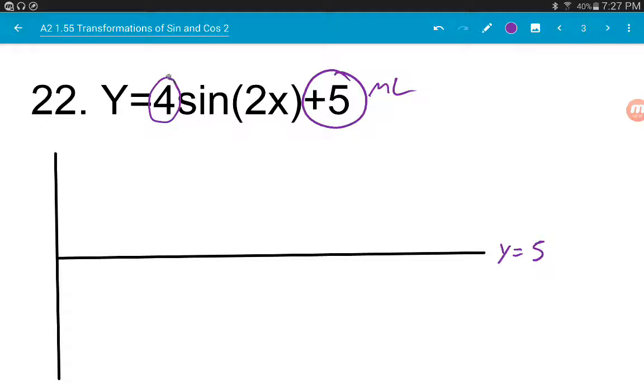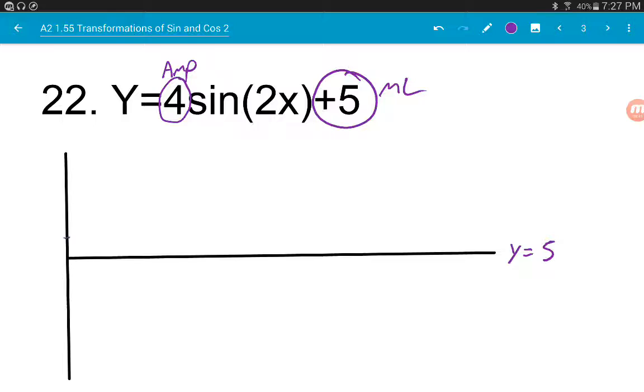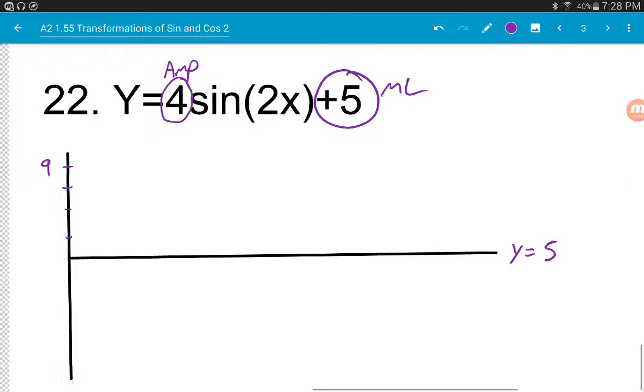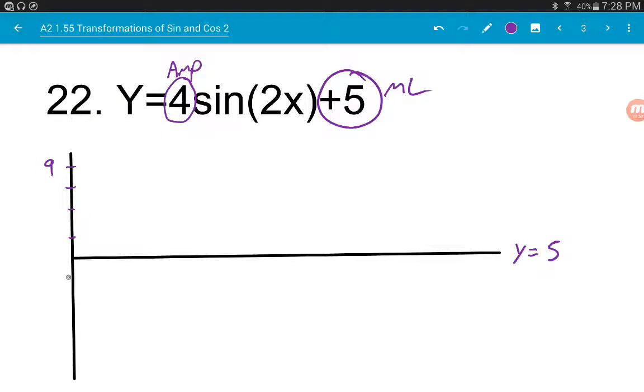I know that my amplitude is going to be 4. So that means that I'm going to go up 4: 1, 2, 3, 4. So that's going to be 9. If I go down 4, I'm going to go 4, 3, 2, 1. So it's 1.